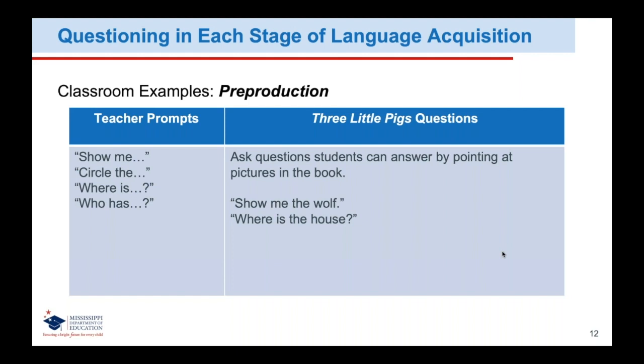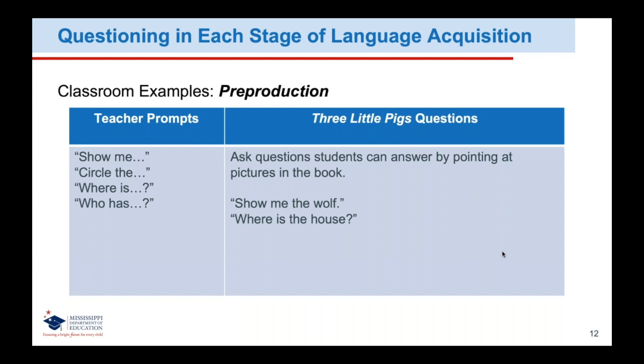So, for example, for the students who are in that pre-production stage, that very beginning stage, we might ask them things. If we want to know, say, for example, we read the story of the Three Little Pigs. We'll use that as our story. It's a universal story that everybody knows. We can ask them by having them point at pictures in a book and say things like, can you show me the wolf?